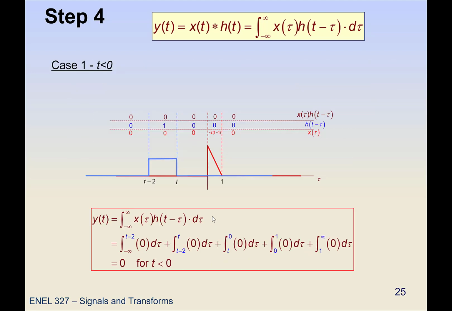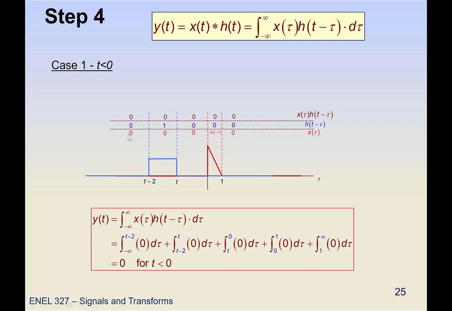Okay, so this is our first case, when the two functions do not overlap at all. And note that for the red curve, x of tau, I've written down the functional forms in each of the regions, not just for x, but also for tau.